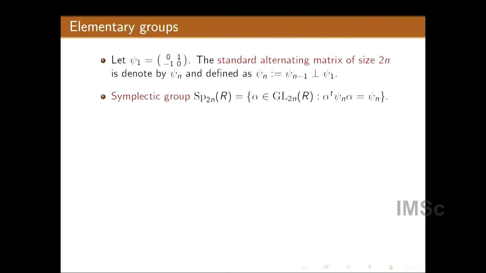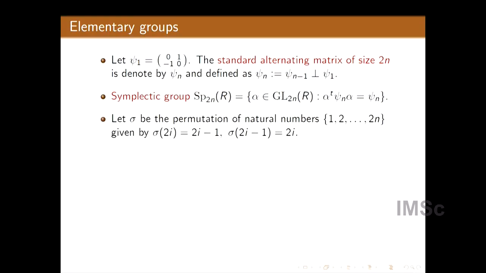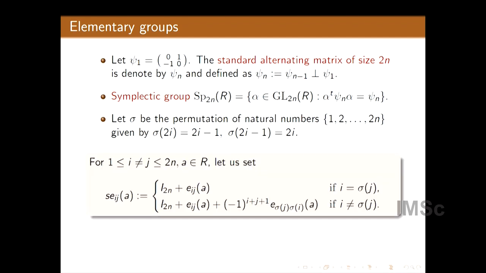Next I want to talk about the elementary symplectic group. To do so, I first bring into the picture a permutation sigma of the natural numbers 1 to 2n, defined as sigma(2i) = 2i minus 1 and sigma(2i minus 1) = 2i. Then we look at the matrices Se_ij(a).